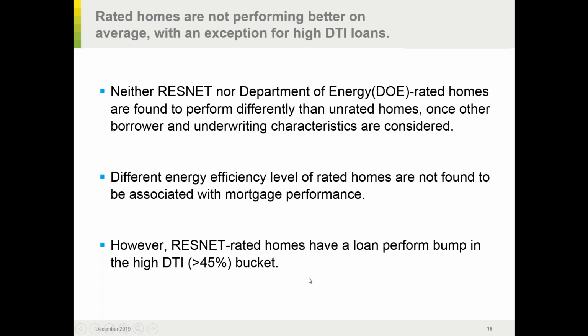The different levels of efficiency across the quartiles are not consistently found to be associated with mortgage performance. But I do have another table I want to show you in a second that does demonstrate the performance lift that we do have associated with the higher debt to income ratio group, the greater than 45%.